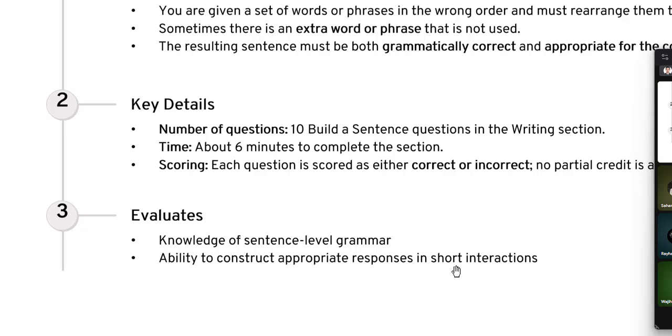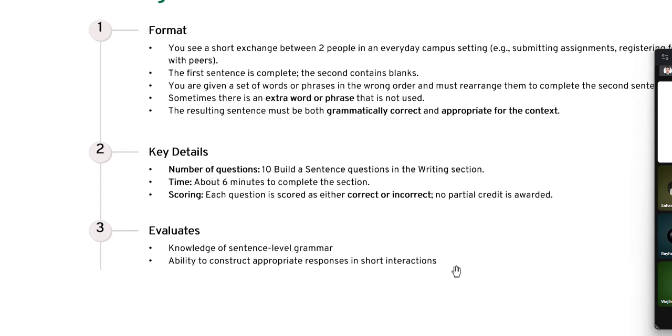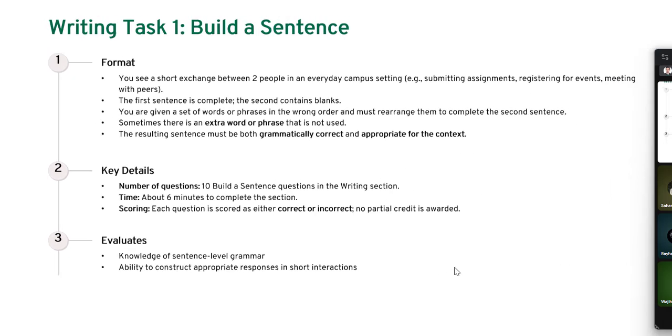How does the test taker recognize the interaction between the first person and the second person? Can he or she make the right sentence to answer the first sentence or to complete it? That's again the evaluation criteria.